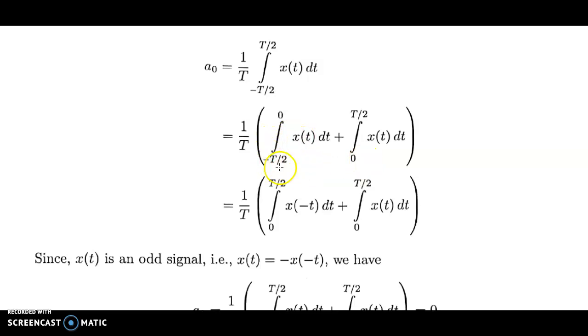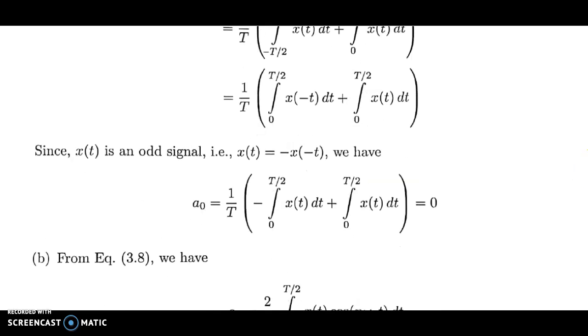Again we are applying the change in variable for the first case, and when we do the change in variable as we have done for the even signal case, we will be getting this expression, that is a0 equal to 1 by T into integral 0 to T by 2 x of minus t dt plus integral 0 to T by 2 x of t dt. And we know for when x of t is odd, x of t is minus x of minus t, that is x of minus t can be replaced with minus x of t. Therefore a0 value is obtained as 0.